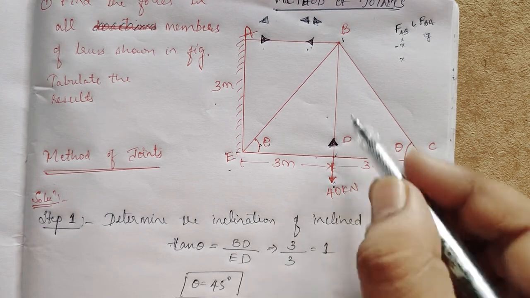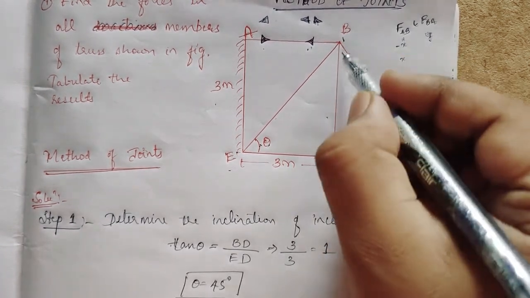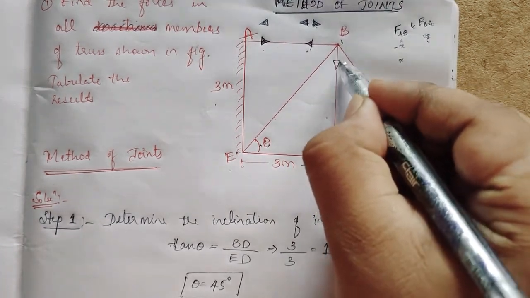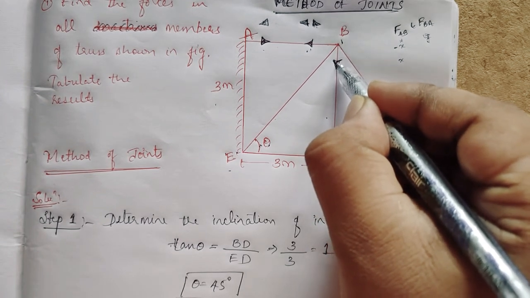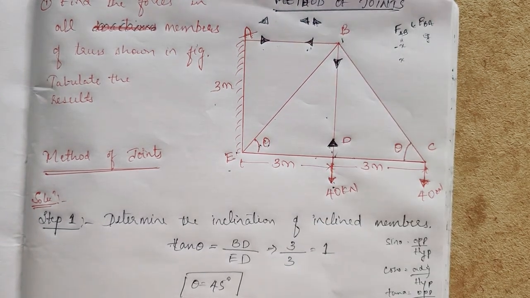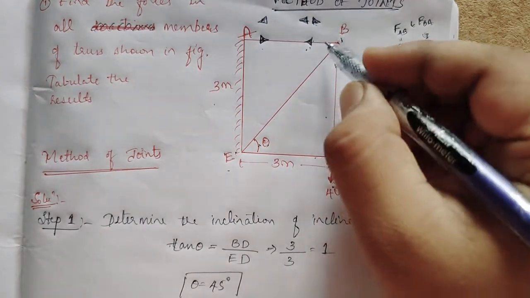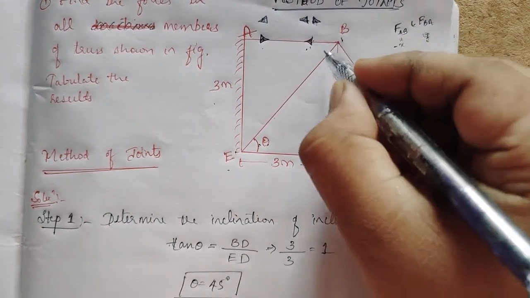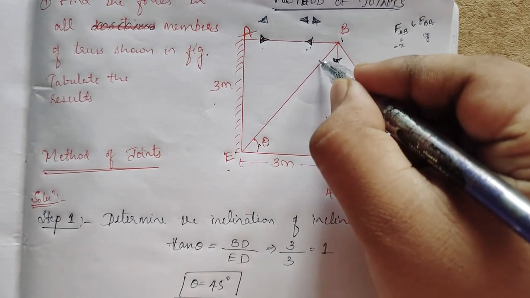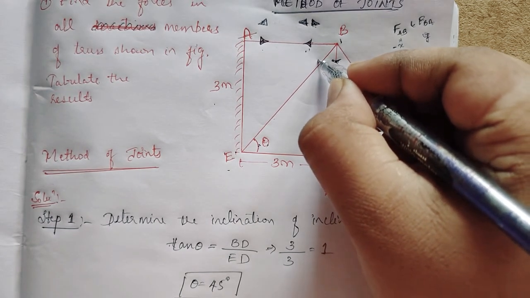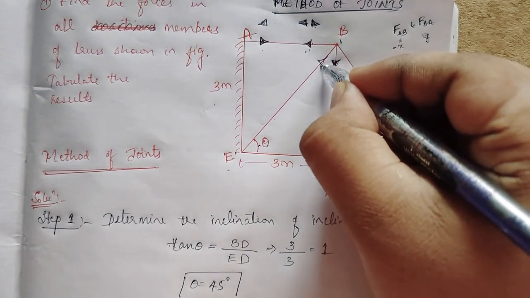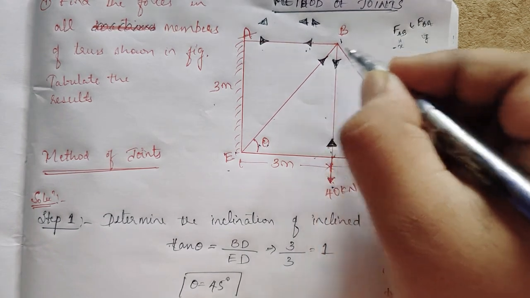If FDB is like this, what about FBD? Same in opposite direction. Then if this is coming out, this is also coming out, then I'll take a force in between them towards this direction, so we have to maintain equilibrium.